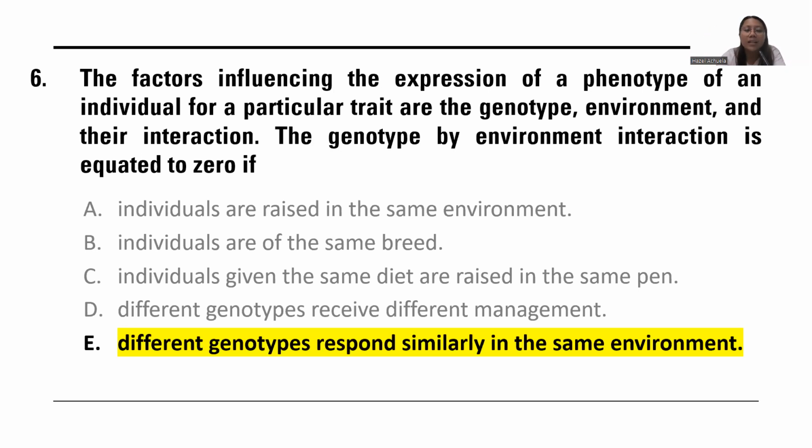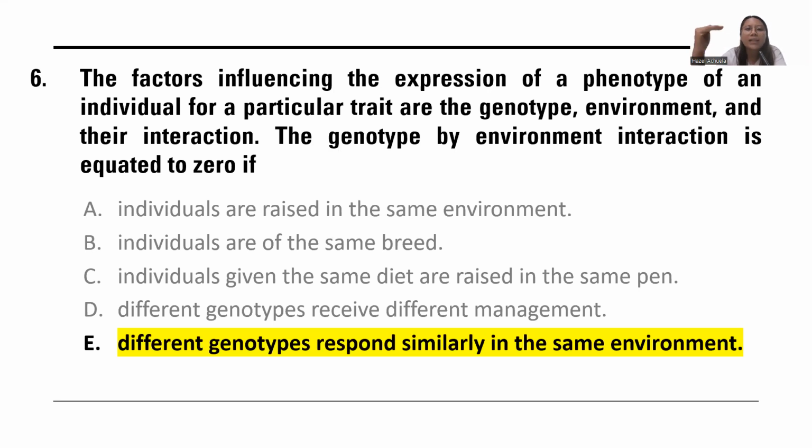But still, they yield the same performance. Their phenotype is still the same. For example, you raise Large White in both cases, only the management differs: different feeding system, different housing, different space requirements, different health management and so on, but still they have the same performance. In that case, G by E is still equal to 0.